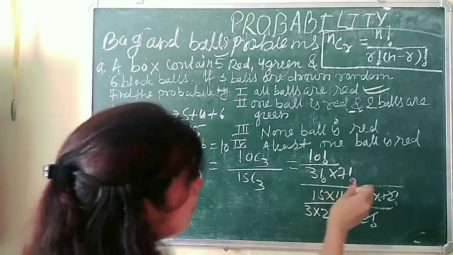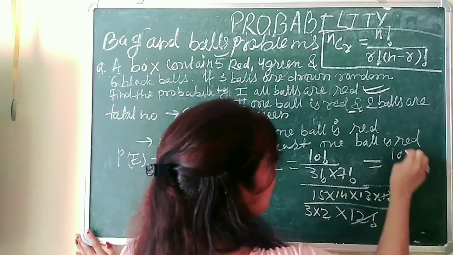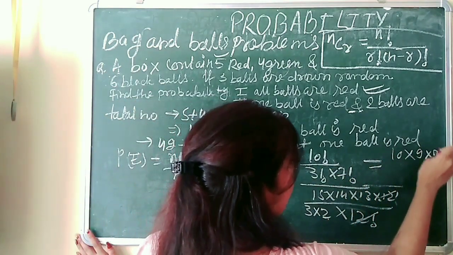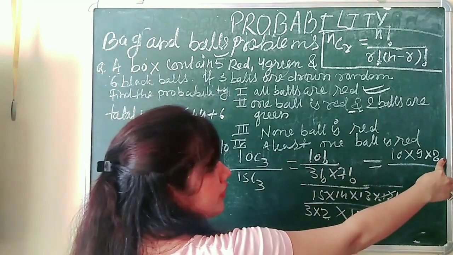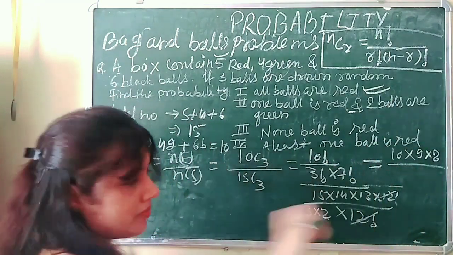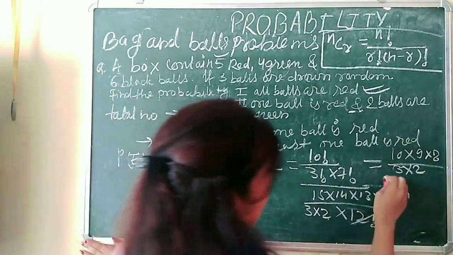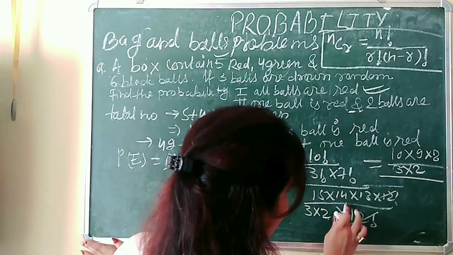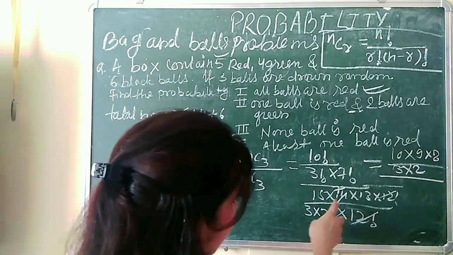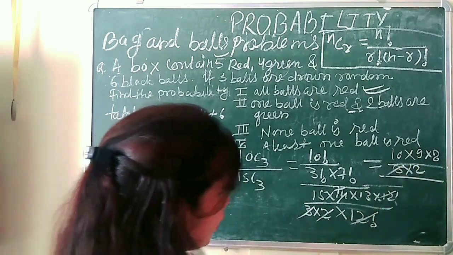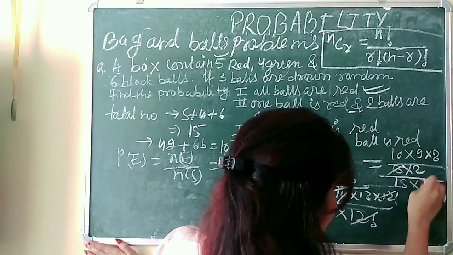So we will simply solve it, and 10 factorial will become 10 cross 9 cross 8 cross 7 factorial upon this 7 factorial, so 7 factorial will be cancelled out. So here we will get 3 cross 2 upon 15 cross 14. That will be 7. And this 3 and 3 will be cancelled out. So here we will get 15 cross 13.